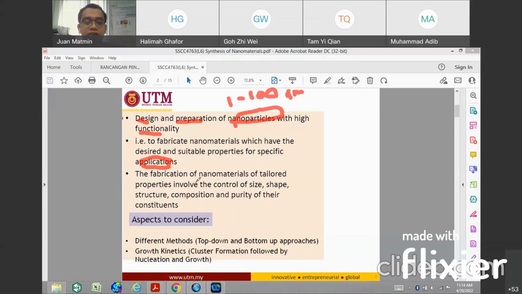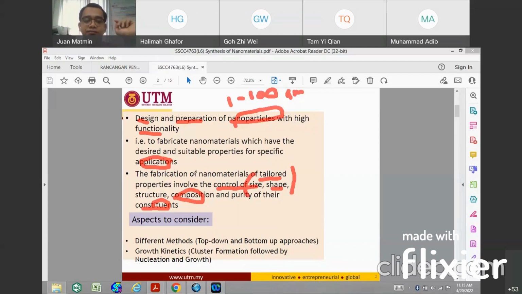This is important when we are going to tailor the properties involved in the size, the shape, the composition, as well as the constituent. Of course, when we talk about nanomaterial, we are going to look at the size and shape, which we have learned previously. The size and shape have properties that will affect it.